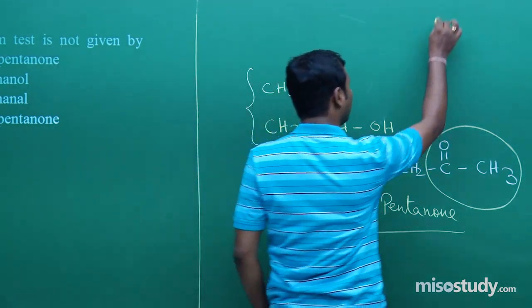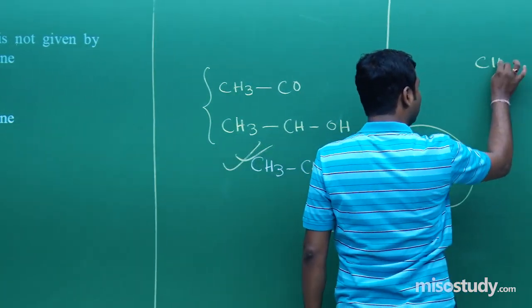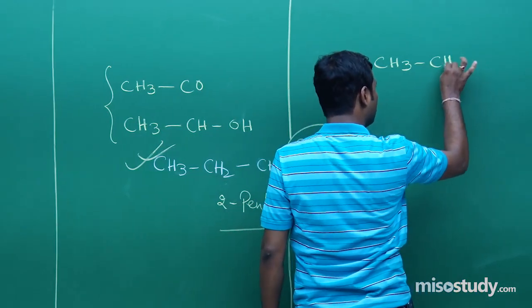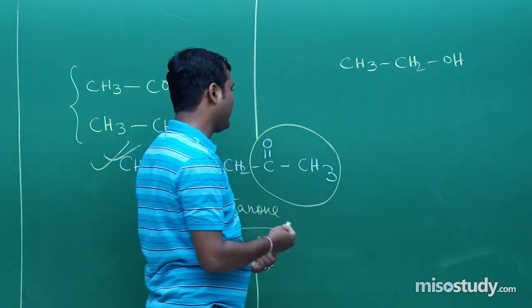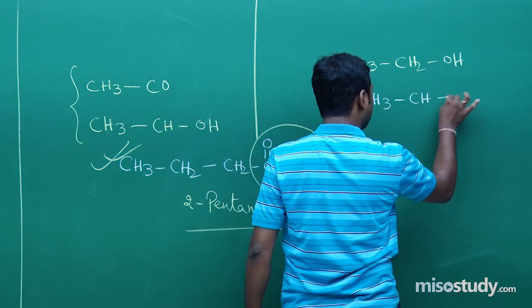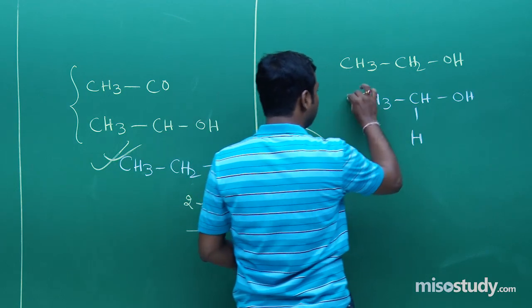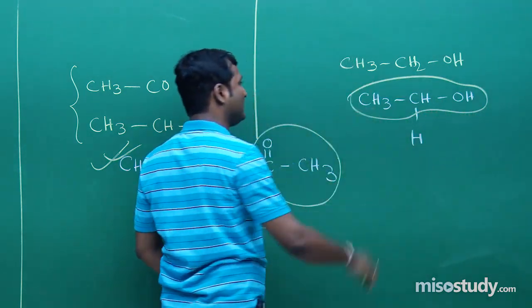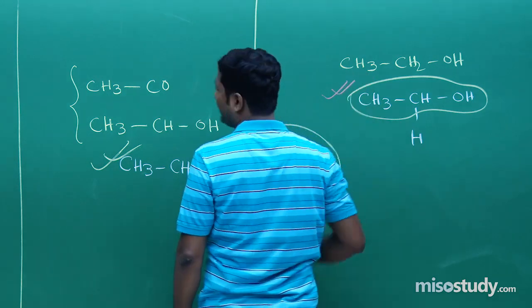Now check out the next option. What is the next option? The next option is ethanol, CH3CH2OH. Clear to you? Now if I write it like this, CH3CHOH, it contains this linkage. So if there is a CH3CHOH linkage, then again it gives a positive iodoform test.